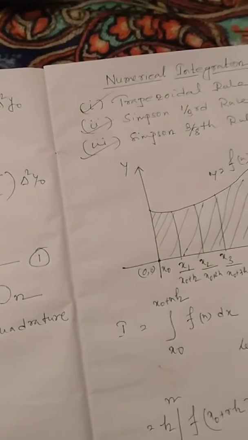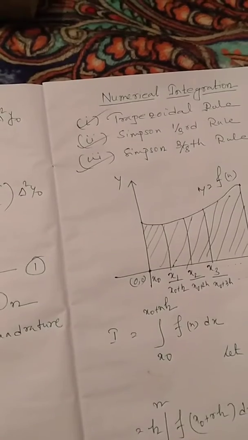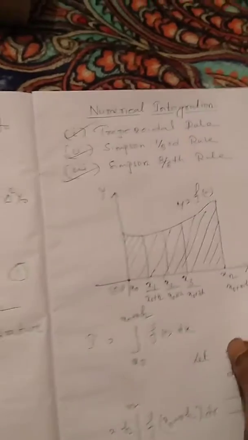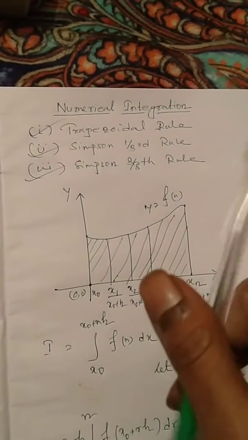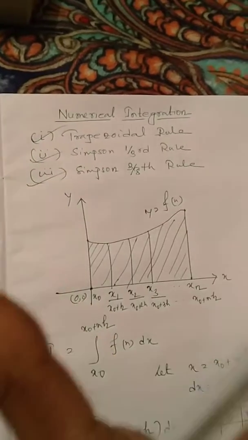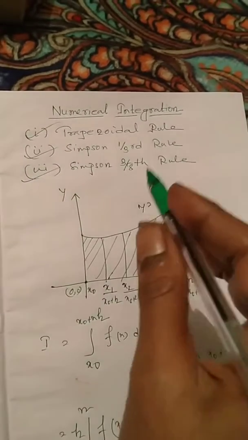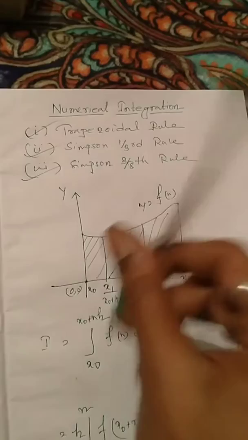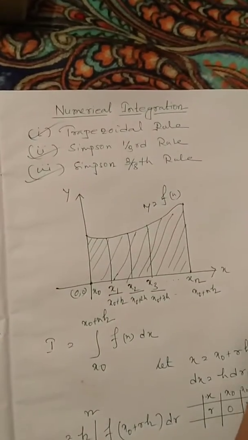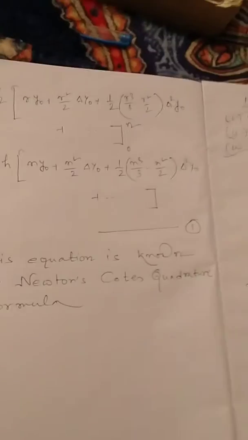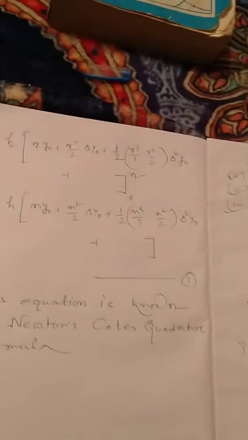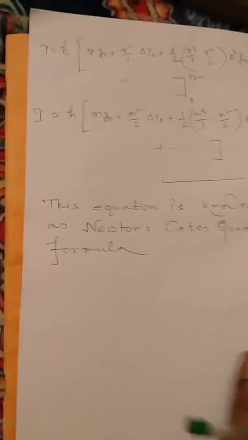Mainly these three rules are in the BTech syllabus, MCA syllabus, and mathematics honors syllabus. Okay, so first we will show how to derive the trapezoidal rule.